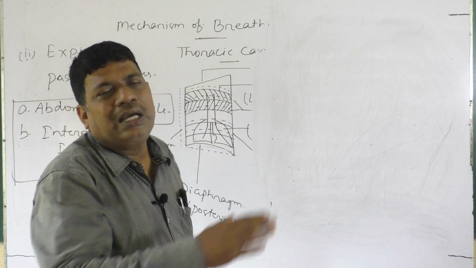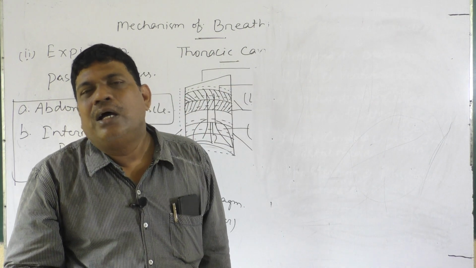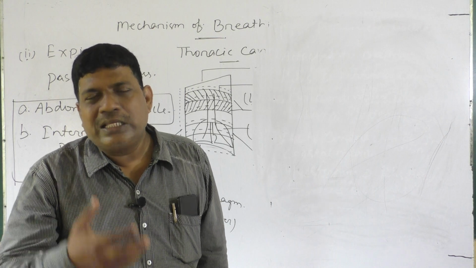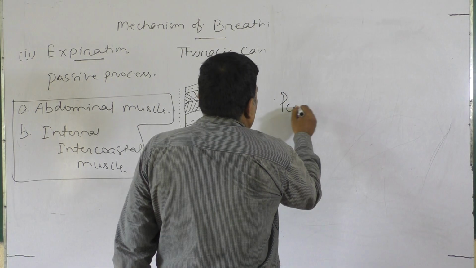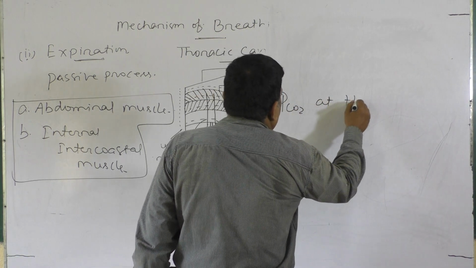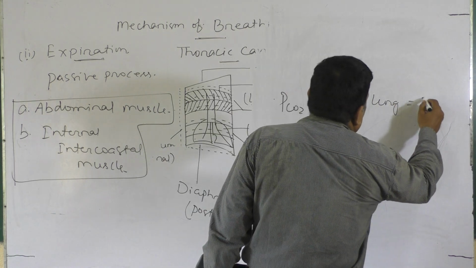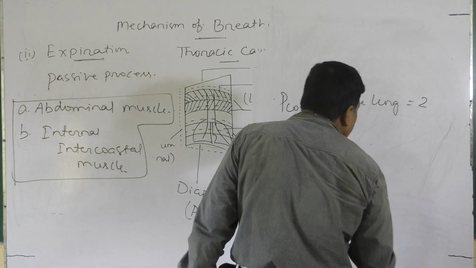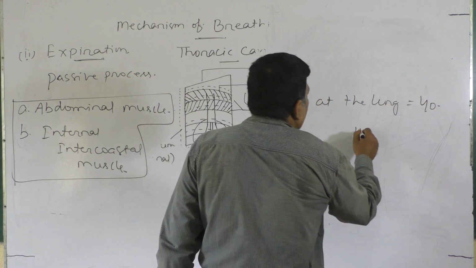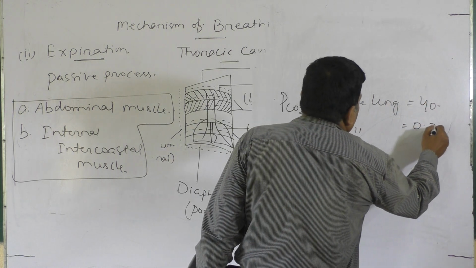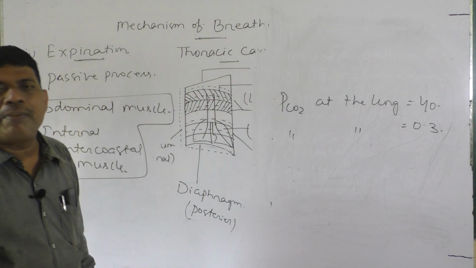At the atmosphere it is 0.3, and partial pressure of carbon dioxide at the lungs is 40.